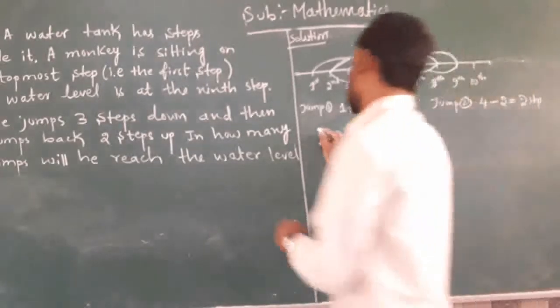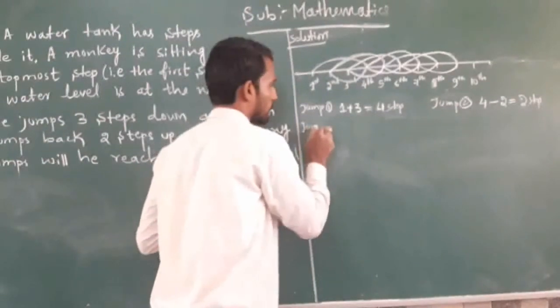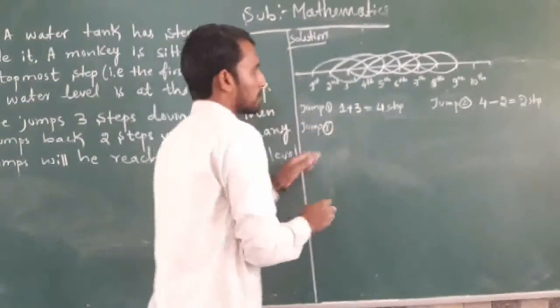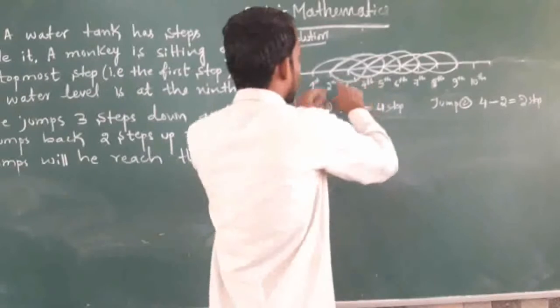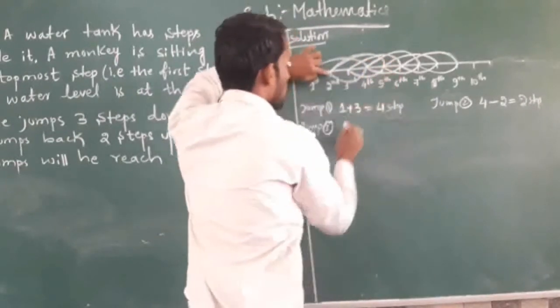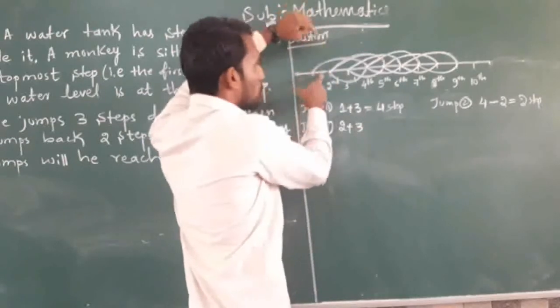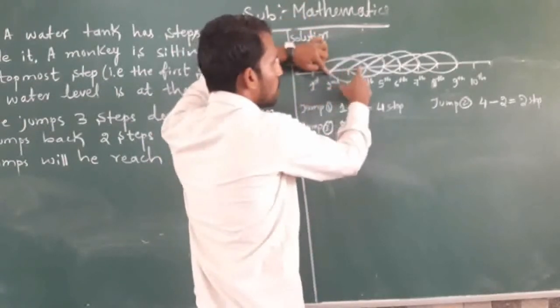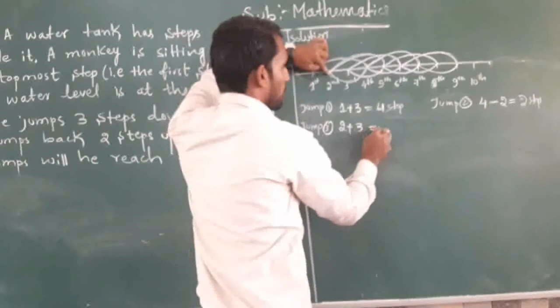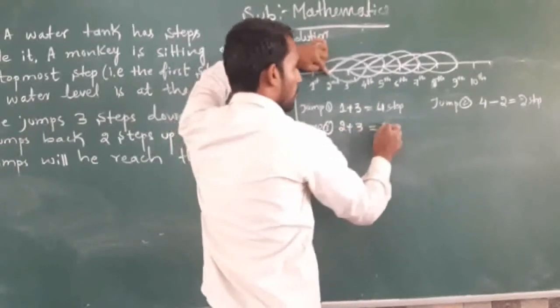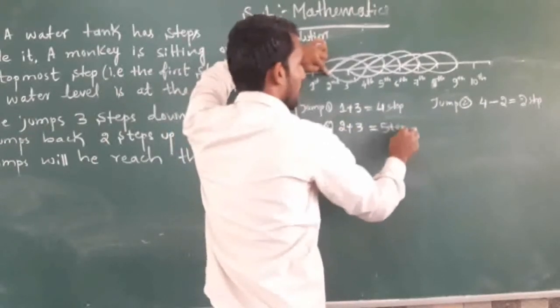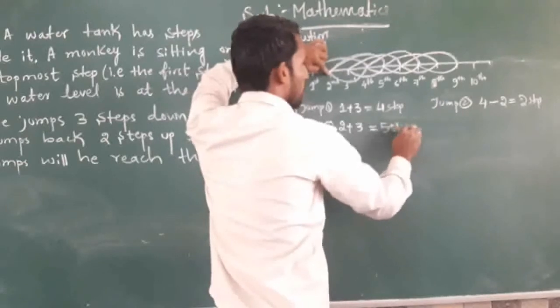Third jump: from here, jumping 3 steps down, so 2 plus 3, 1, 2, 3. So 3 plus 2, the 5th step. The monkey is at the 5th step.